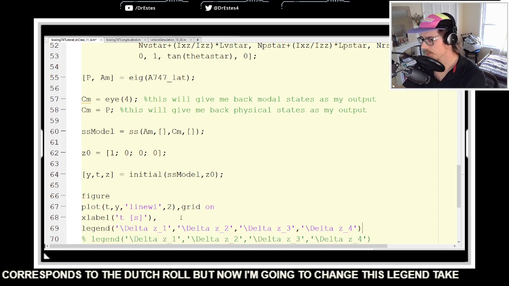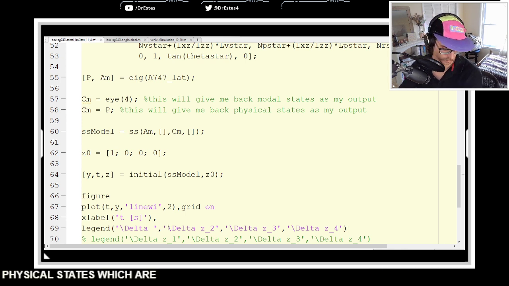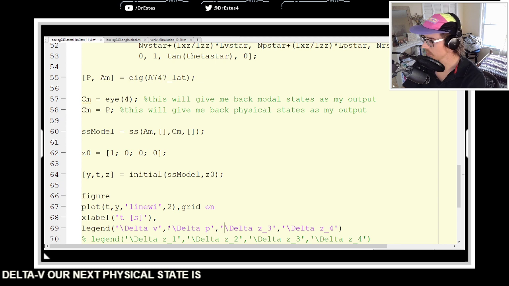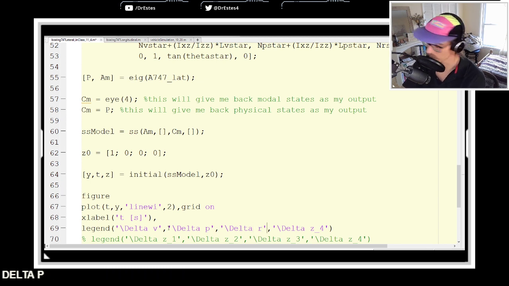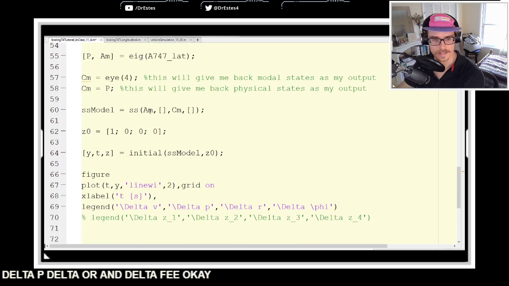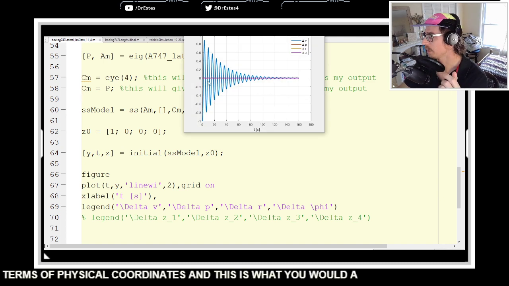Because now we're going to be returning physical states, which are, okay, our first one's delta V. Our next physical state is delta P, delta R, and delta phi. Okay. So let's see what the Dutch roll looks like in terms of physical coordinates. And this is what you would actually see a plane doing.